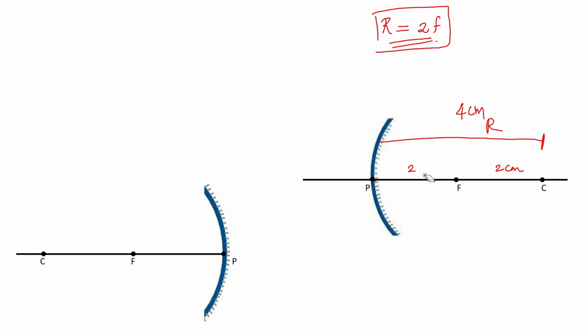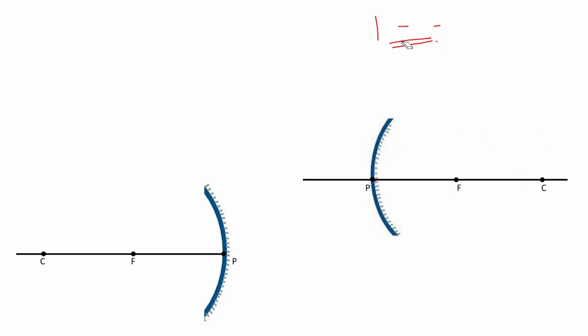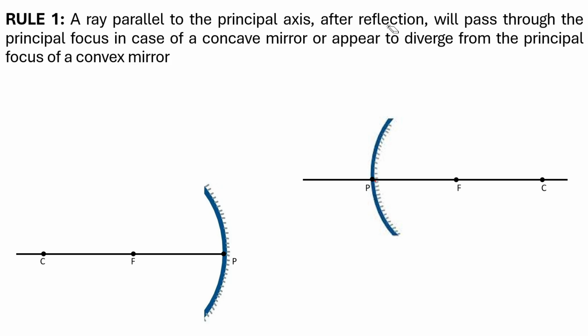I hope you have drawn the mirrors and labeled the important points on the principal axis. So let's begin with rule 1. What does the rule say? A ray parallel to the principal axis, after reflection, will pass through the principal focus in case of a concave mirror, or appear to diverge from the principal focus in case of a convex mirror.